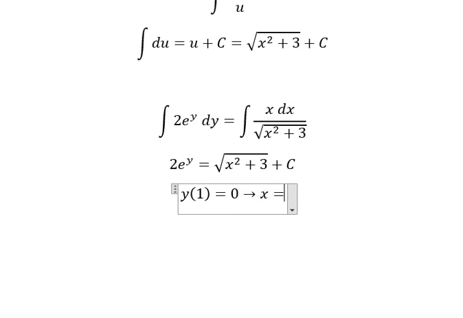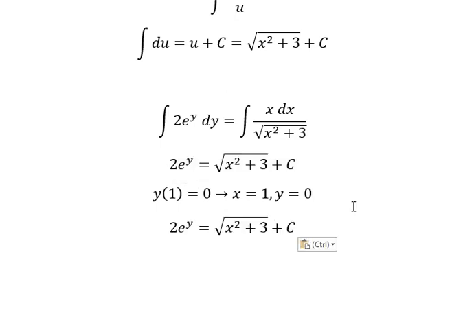When s equals to number 1, y equals to number 0. So we put number 1 and number 0 in here to find the value of c.